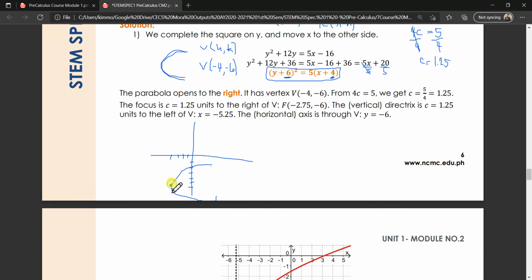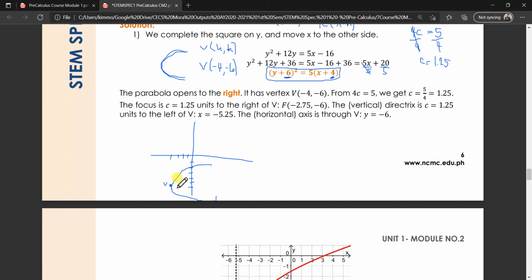Okay? So this is our vertex V. Then inside the parabola from our vertex is where the focus is located, and behind the vertex is where the directrix is located. So from here, what we will do is count c distance from our vertex going to our right.